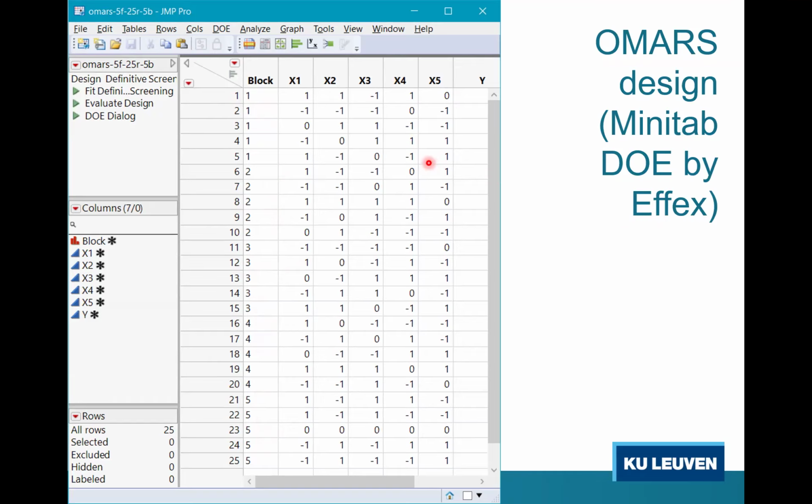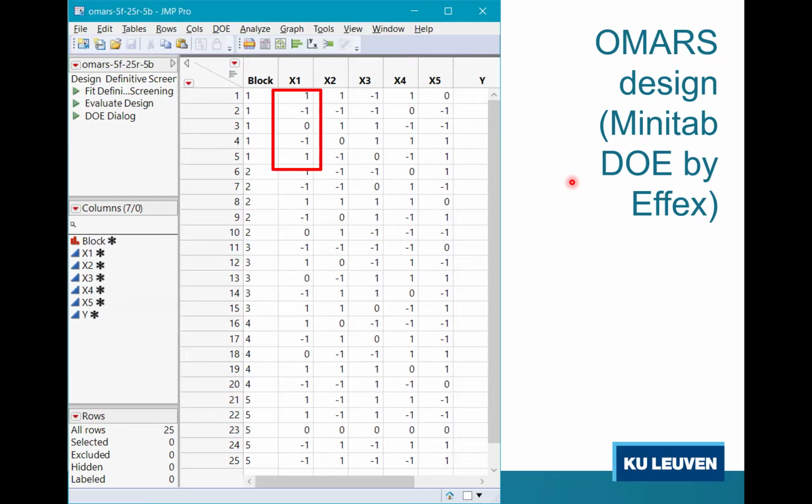Now, this subdivision is optimized using linear programming so that we learn as much as possible from the blocked OMARS design. And when do you learn as much as possible? If day-to-day variation or operator-to-operator variation impacts your results as little as possible.